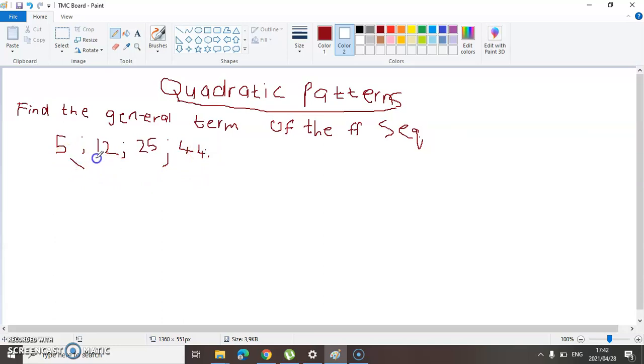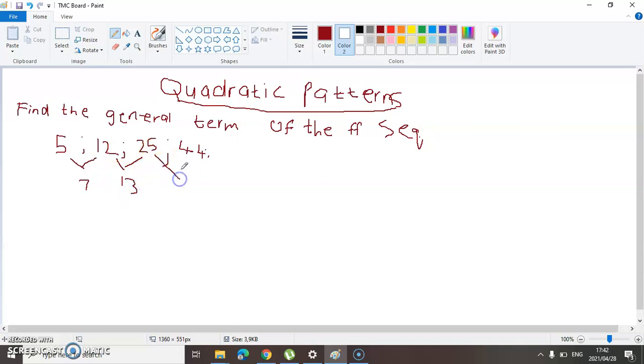How do you look for a common difference? You say 12 minus 5, which is 7. Then 25 minus 12, which becomes 13.